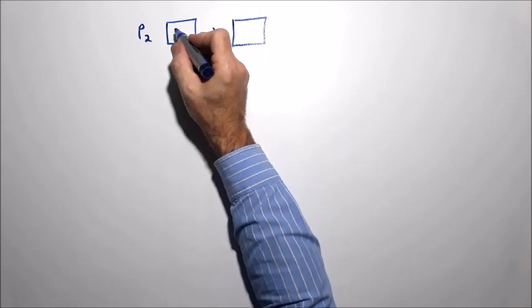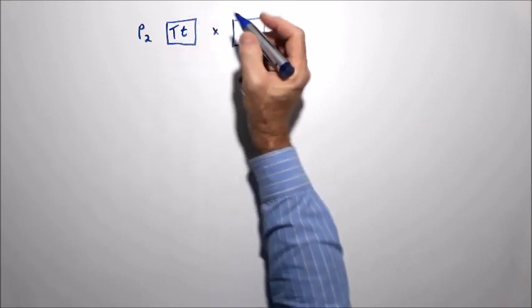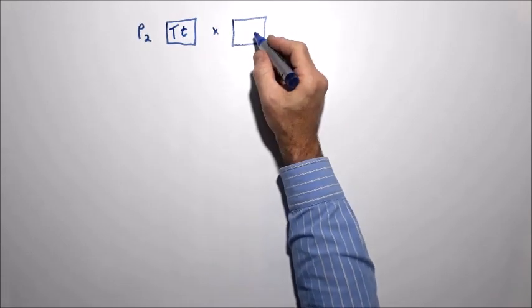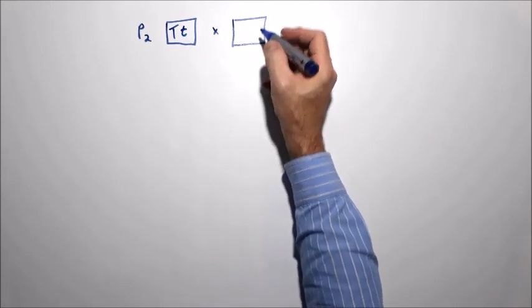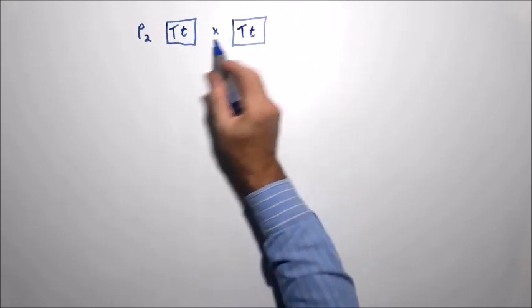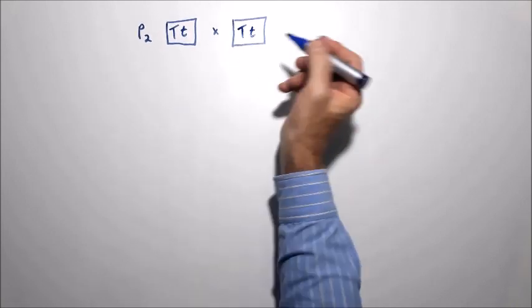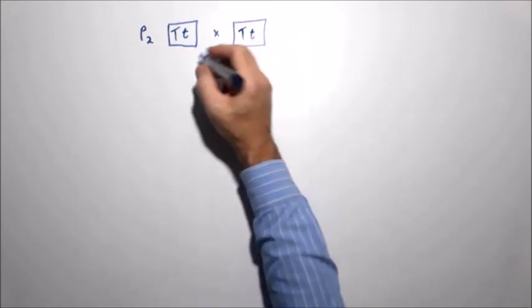Now from the F1 generation, we had big T and small t plants, but we only had big T, small t genotype plants, and they were all tall. So now we take each one of those, any two of those, and we're going to cross them, and we use the same rules as above.